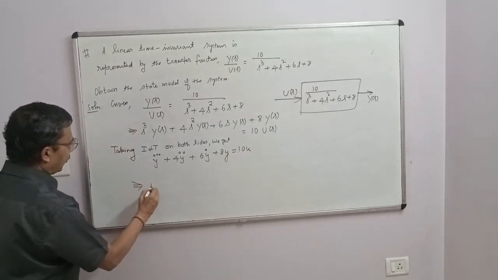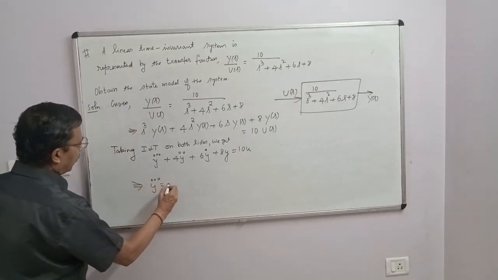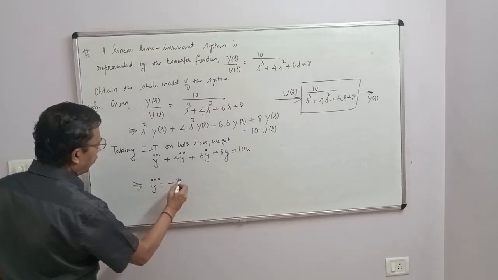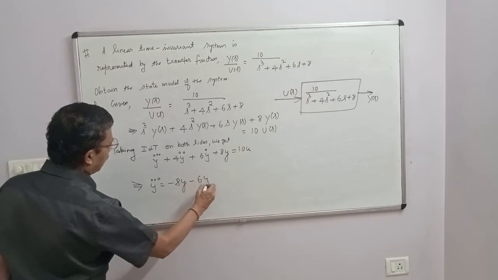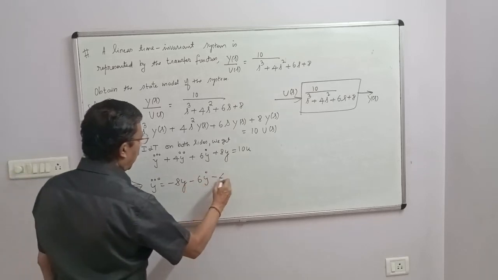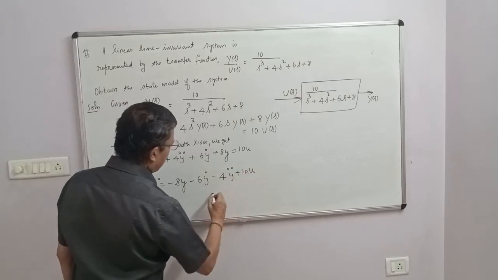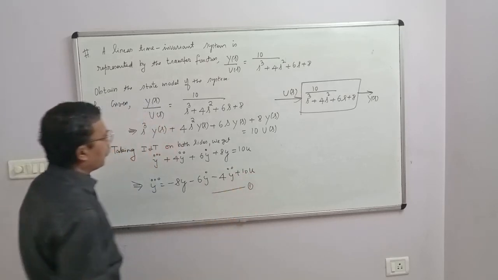This implies y triple dot is equal to minus 8y minus 6y dot minus 4y double dot plus 10u. This I call equation 1.